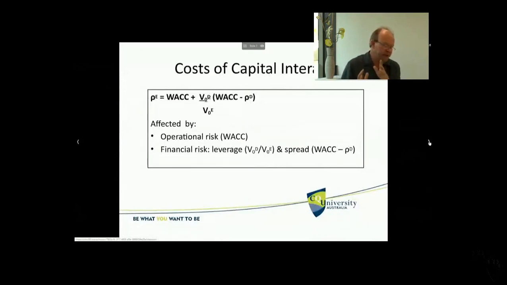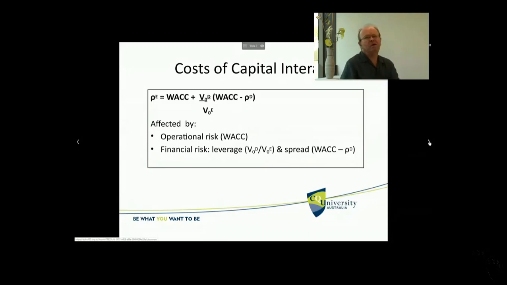We can re-express that relationship in terms of the cost of equity capital equals the weighted average cost of capital, the cost of capital for operations, plus the value of debt over the value of equity times the weighted average cost of capital minus ROD, the cost of debt capital.